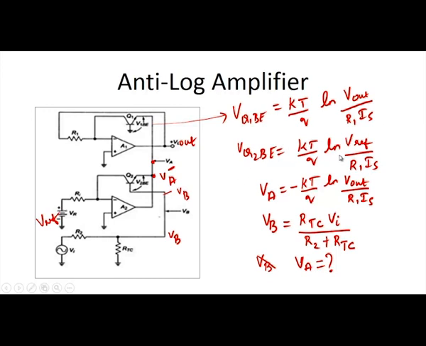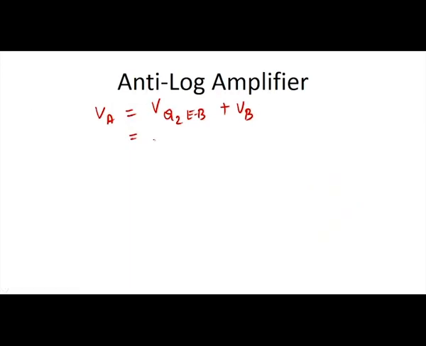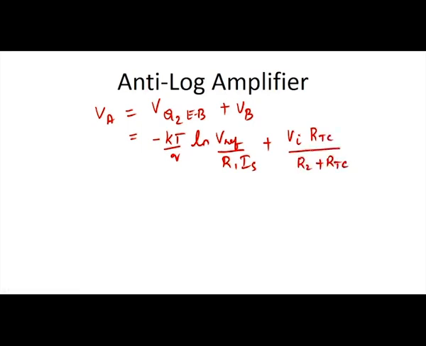So, if you reverse this, you will get minus KT by Q natural logarithm of V reference by R1 IS, plus VI into RTC by R2 plus RTC, that is for VB.